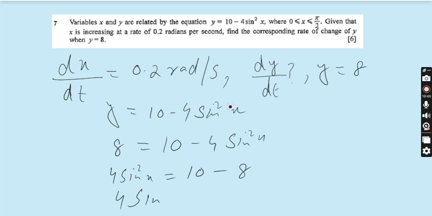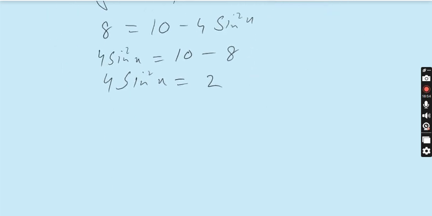So 4 sine square x equals 10 minus 8, which is 2. So sine square x equals 2 upon 4, which is 1 upon 2.